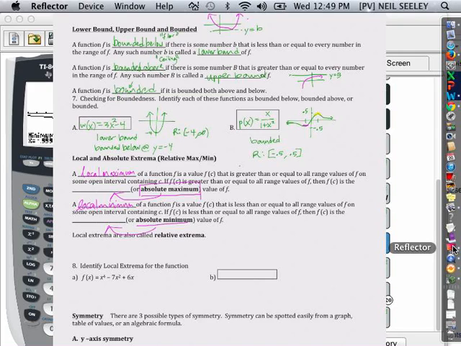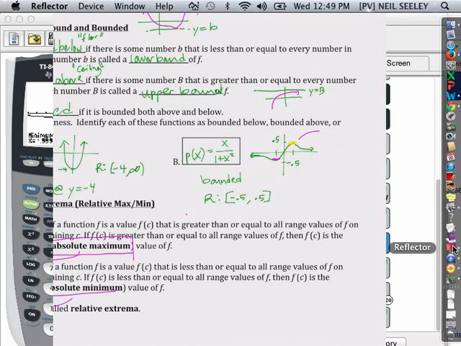A local maximum would be, like in our previous graph up here, this little peak. Local max. The little valley that was here, local min. That's what those are in that previous graph.